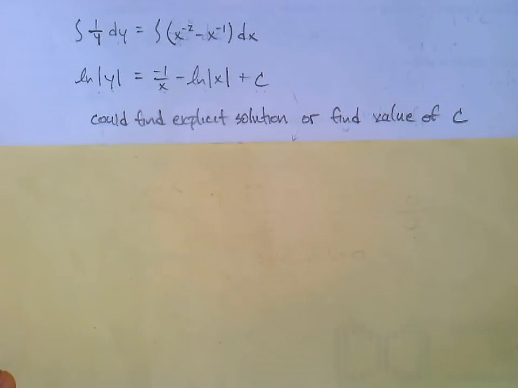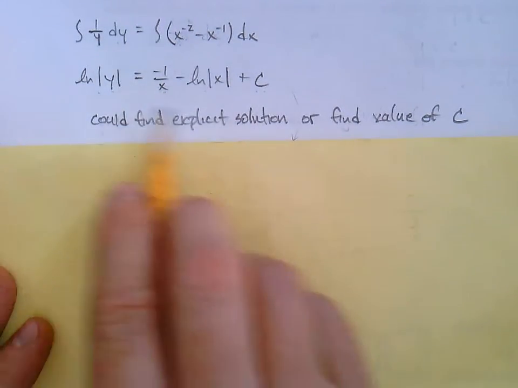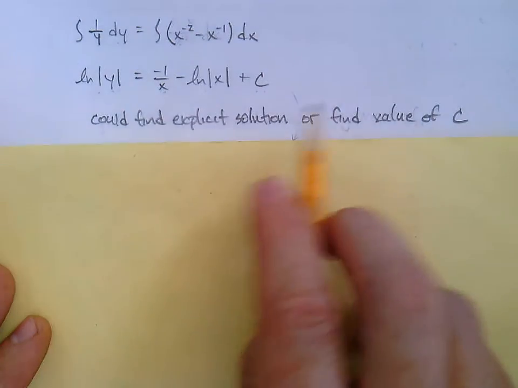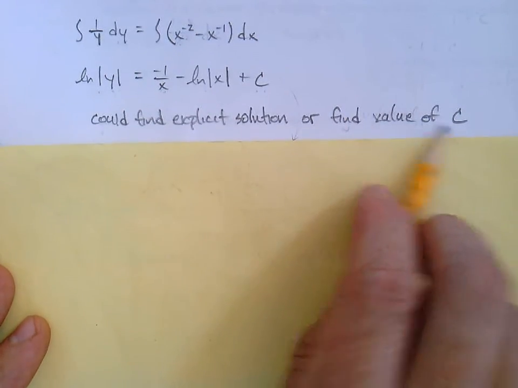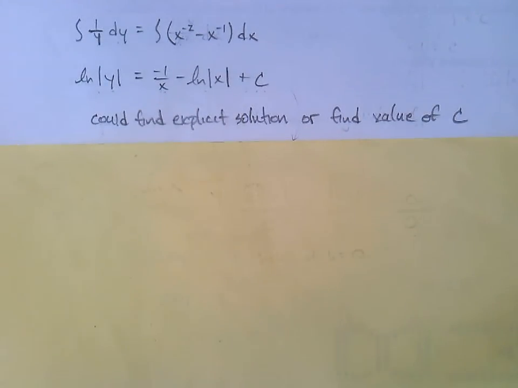So I've got that note right here. We could find the explicit solution, solve for y, or we could use that initial condition and find the value of c. But whichever one you do, you're just going to have to do the other one next. You're not making things any easier or harder, whichever way you do it. So I'm going to find the explicit solution because honestly, that is more challenging than finding the value of c, whichever way. So I'm going to do the harder thing first.